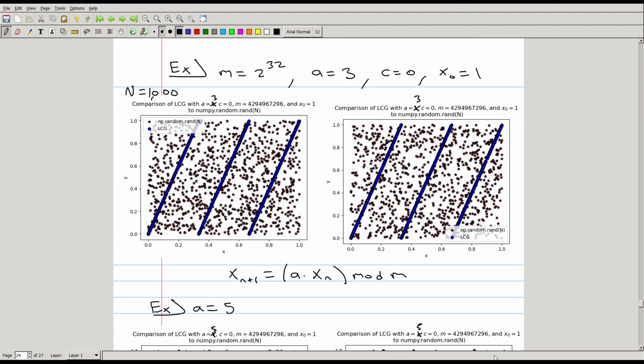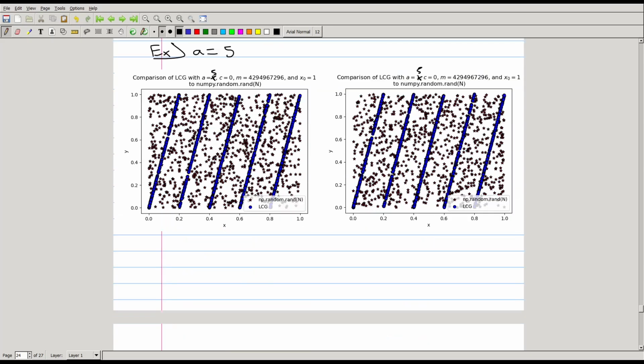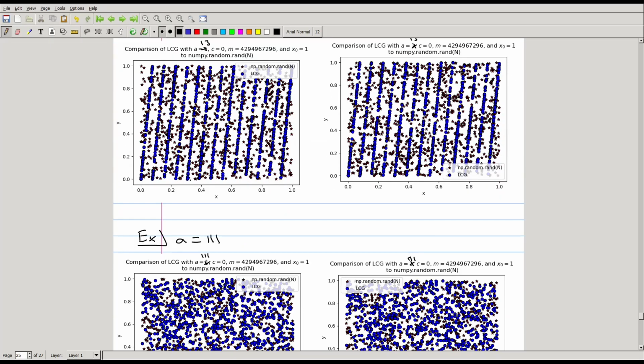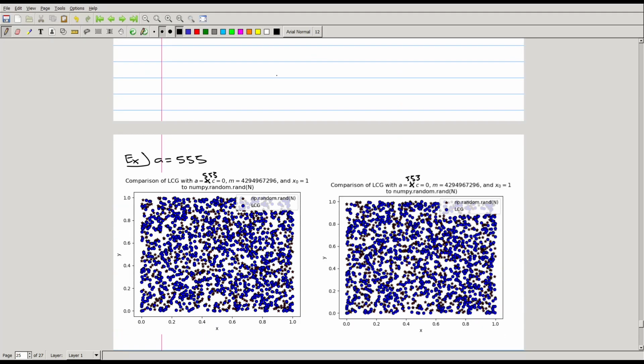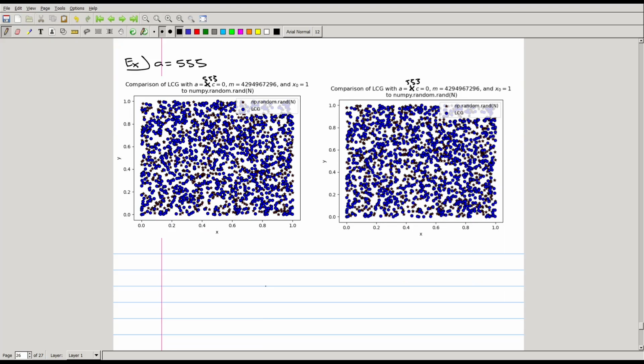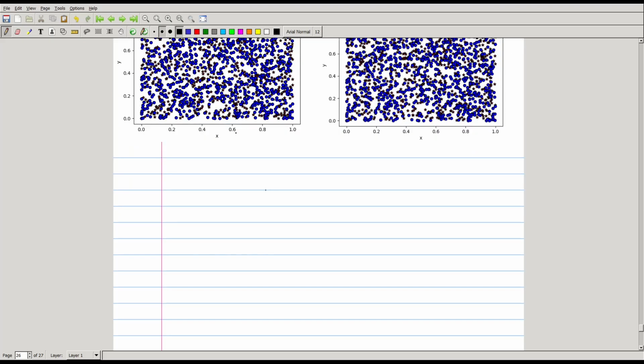What I think happened was I must have put x naught in the code where I meant to put a. So I apologize for that, but the idea here is that we're clearly seeing that for large values of a, even with c equals 0 and a large value of m, we're getting what we want. Now, be careful here.